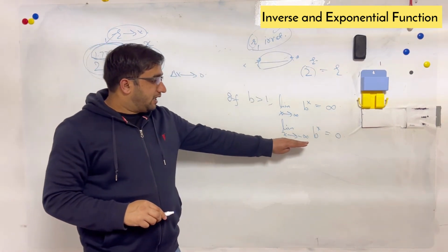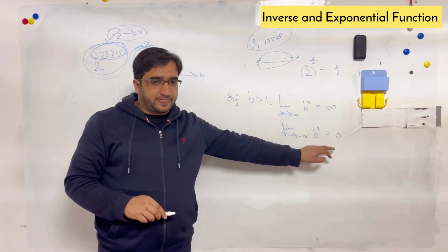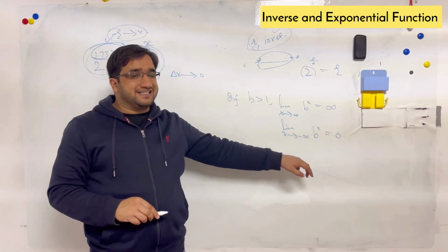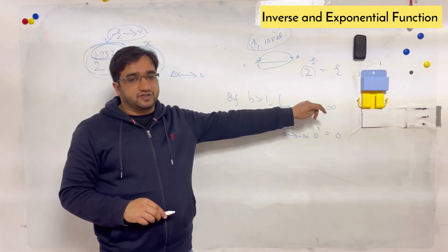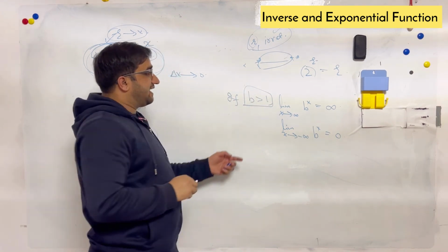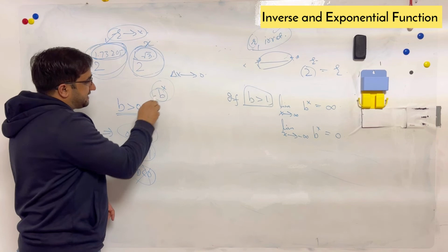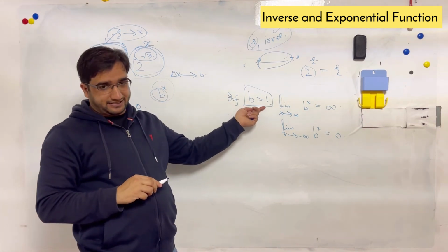So up to most the function will give you the answer infinity, and up to least the function can give you the answer 0, in case the base b in b raised to the power x is any number greater than 1.